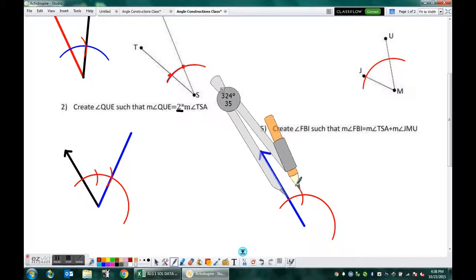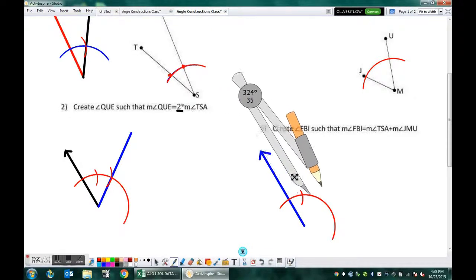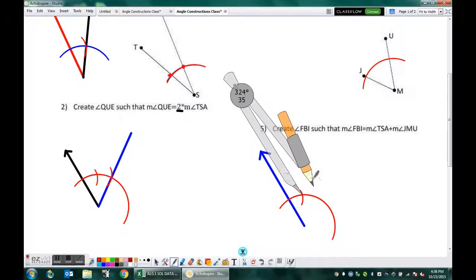Make a little X. Now, remember, for number 1, we would have stopped here because we copied TSA at this point. For number 2, remember we picked up and copied that same arc down because we had 2 of TSA.